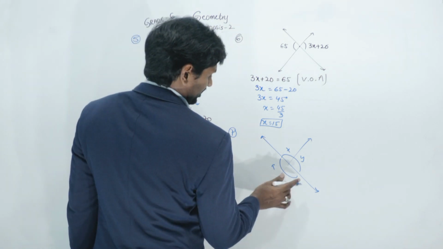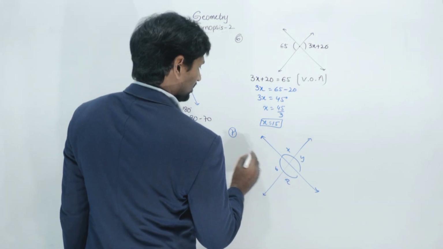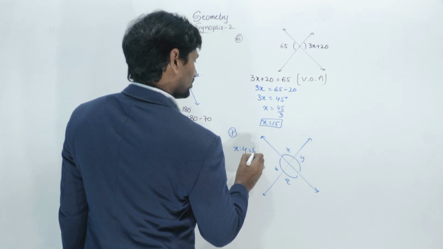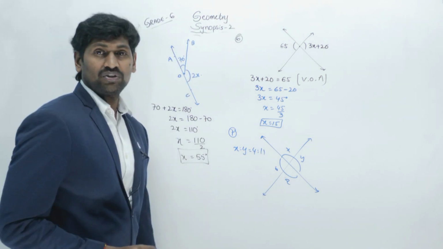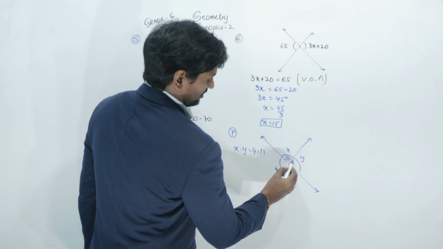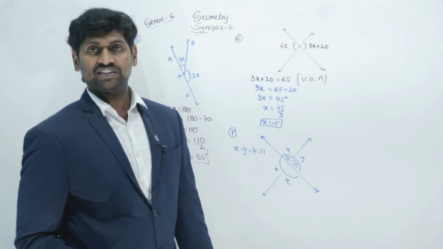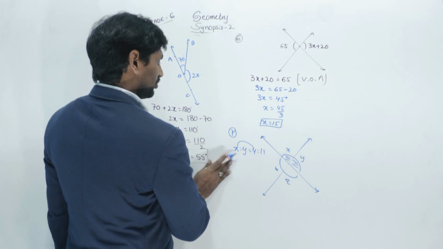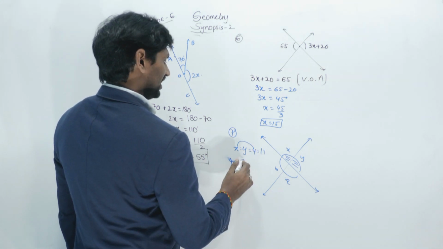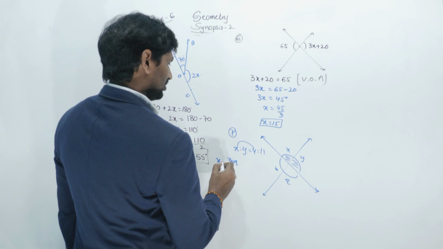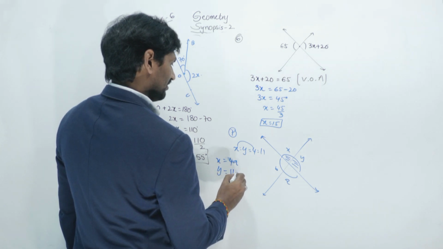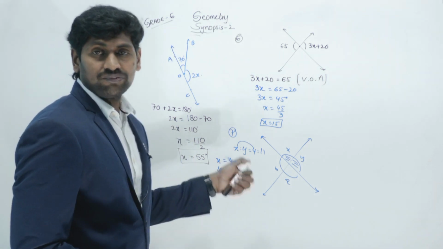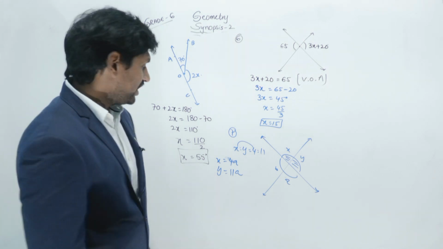Here a, here b. x and y form a straight line like this. So from this, I can take x value as 4a and y value as 11a. So the sum of the two angles becomes 180 degrees.